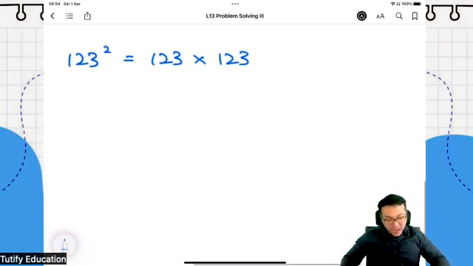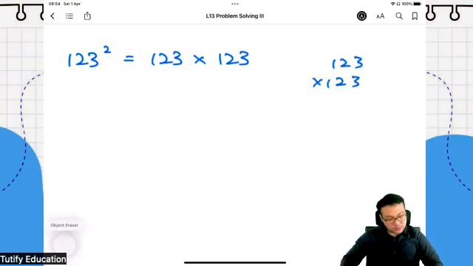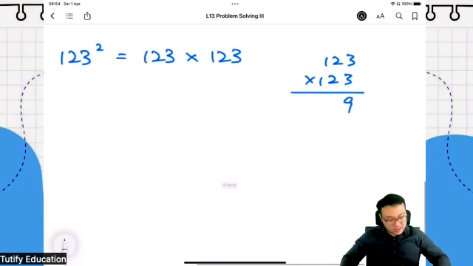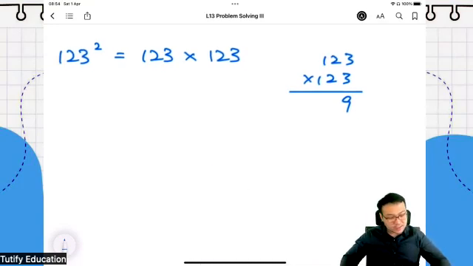So, I want to observe the units digit. You don't have to do the whole thing, just do the ones digit of both. Multiply the ones digit of both the numbers. So 3 times 3, 9. Very good. So let me just do the whole thing so that I will show everybody how we are wasting time.